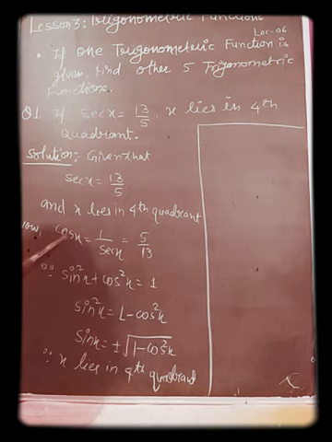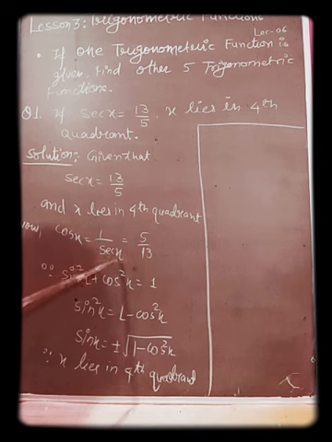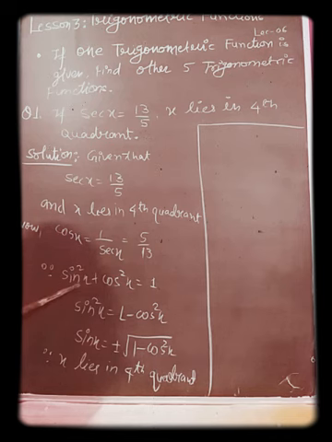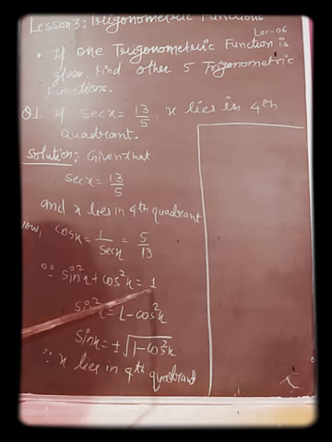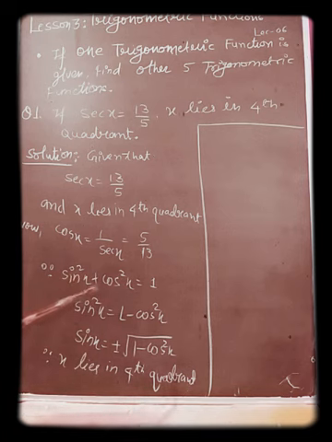Now we know that cos of x is equal to 1 by sec of x. So after reciprocal, the value 13 upon 5, we get 5 by 13. Since sin square x plus cos square x is equal to 1, we use in one question only one trigonometric identity.